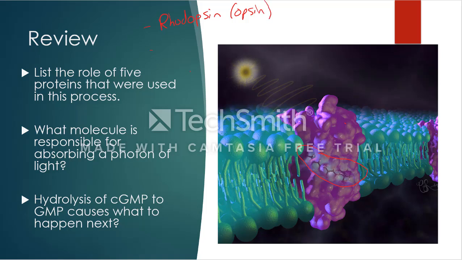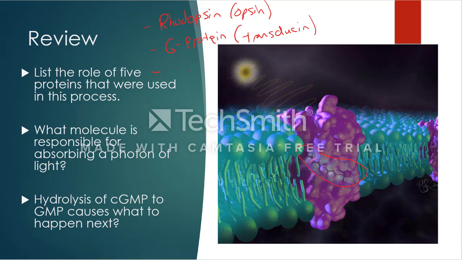Once the retinol absorbed the photon of light, it made the opsin molecule change shape, which activated our G protein. Our G protein in this example was transducin. Remember, there's many different types of G proteins. We just looked at transducin, but they all kind of function the same way.